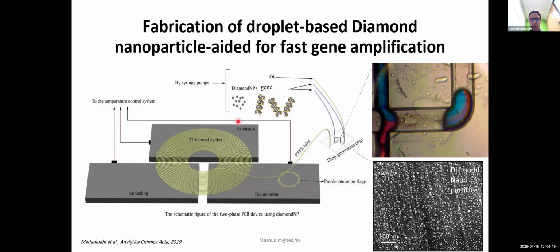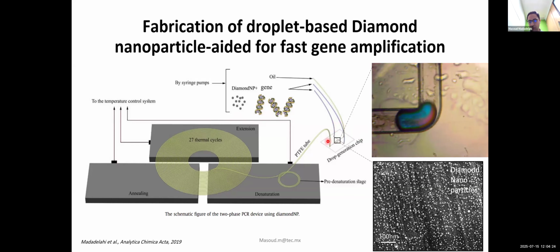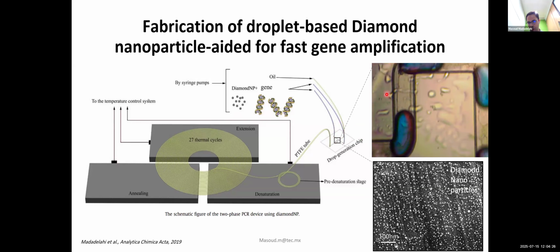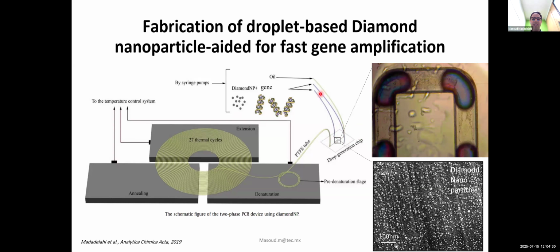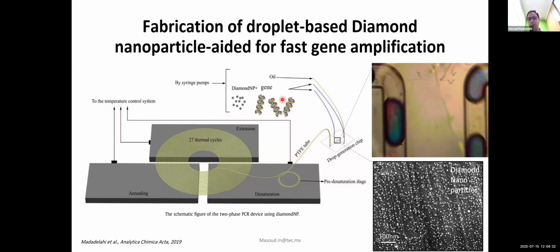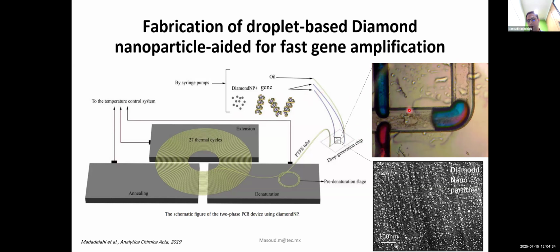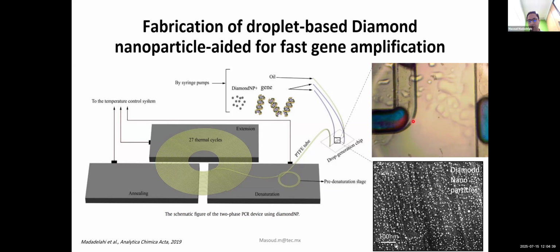And there, we use diamond nanoparticles. In this device, we have this droplet generation chip where we generate these droplets. Inside these droplets, we have those PCR components plus diamond nanoparticles as a kind of facilitator, right?